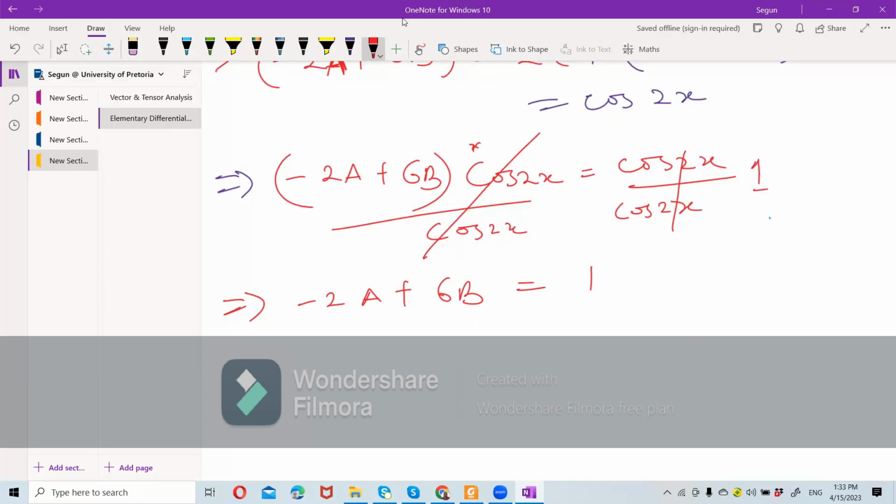Or which one do you want to do first? Let's do the a first. If you do a, what do you have? Minus 2a equals 1 minus 6b.